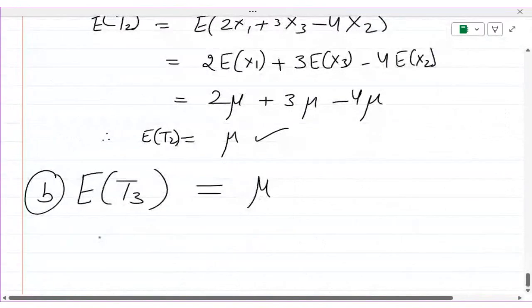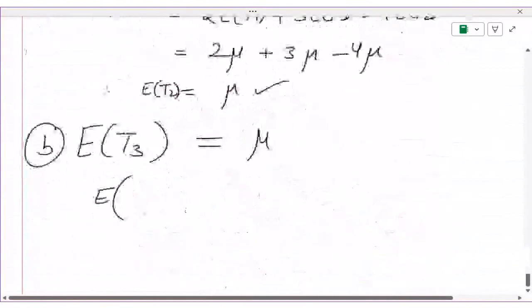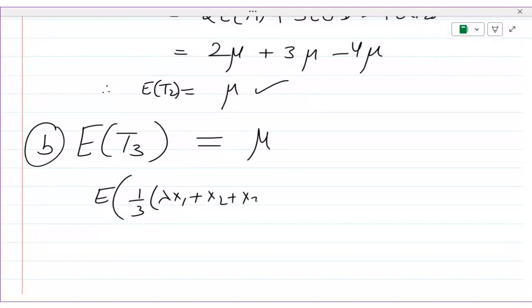Now what is T3? T3 is 1 by 3 lambda times x1 plus x2 plus x3. So this is equal to mean mu. 1 by 3 is constant. Lambda is also constant.